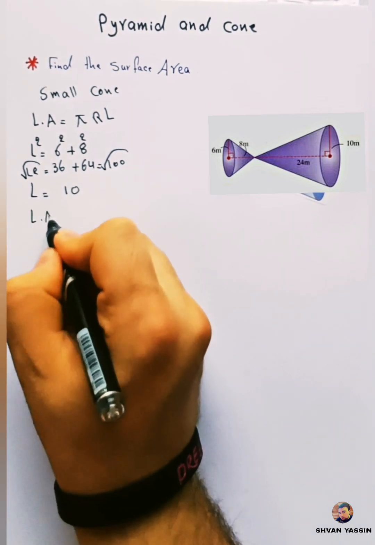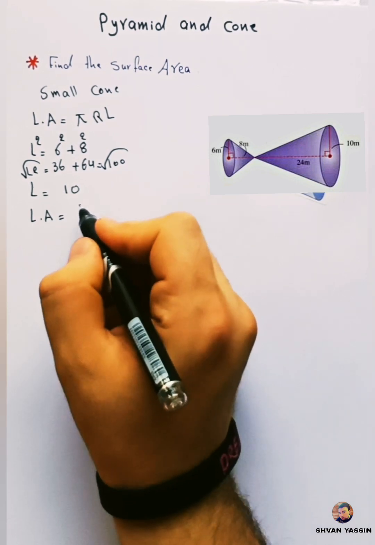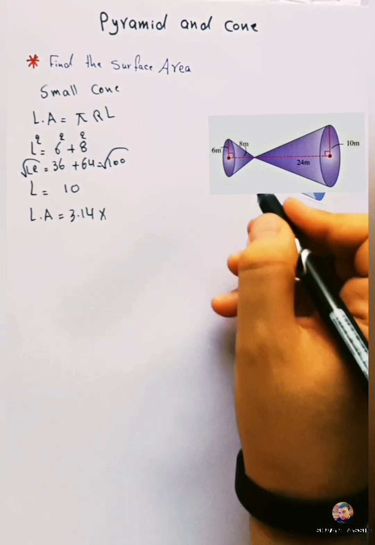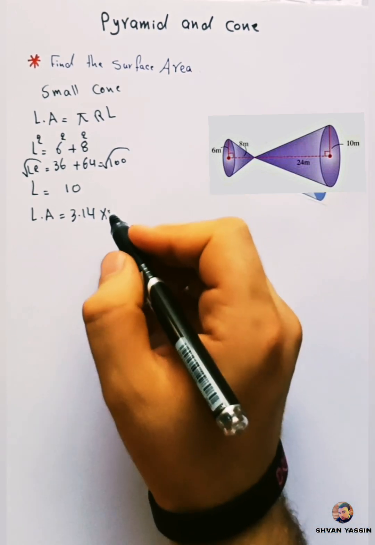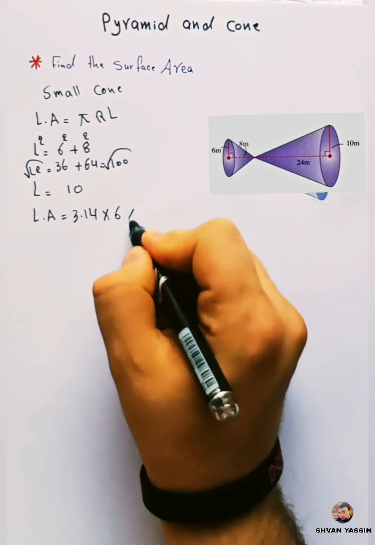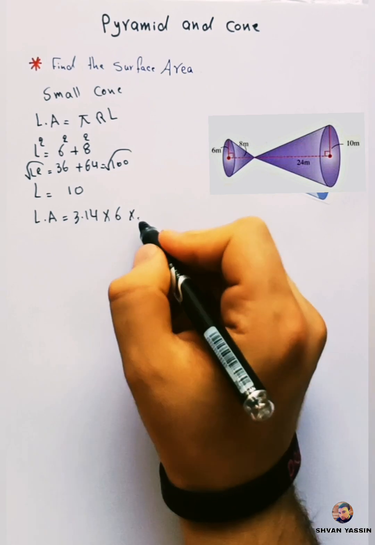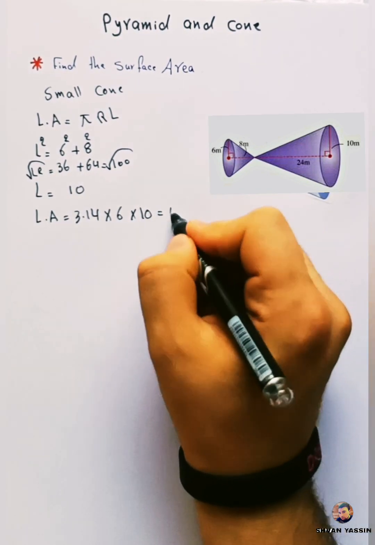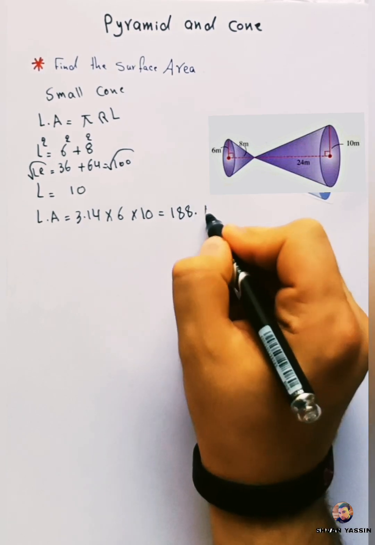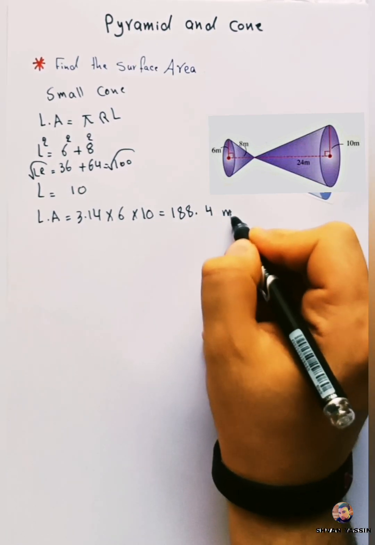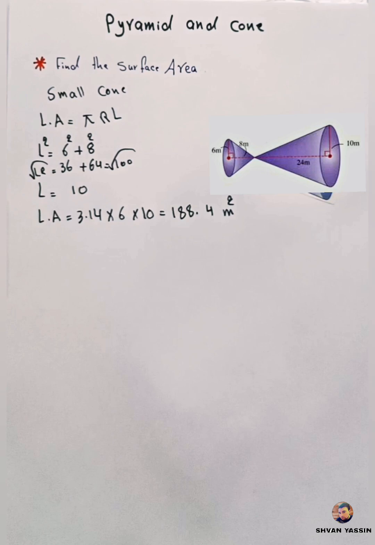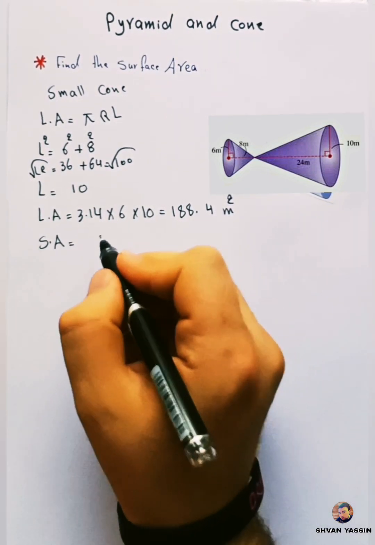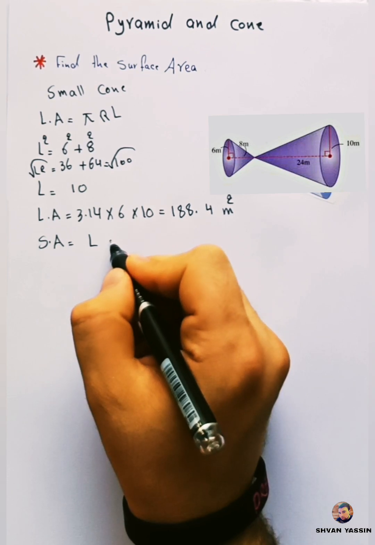After that, the lateral area is equal to pi, 3.14, multiplied by the radius, 6, and L, 10, so the product is 188.4 square meters.